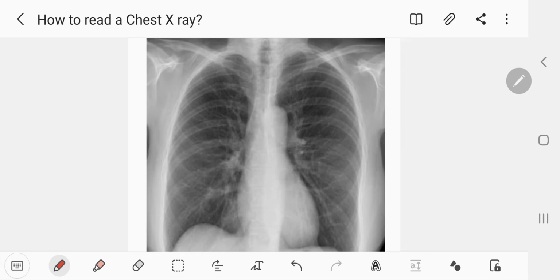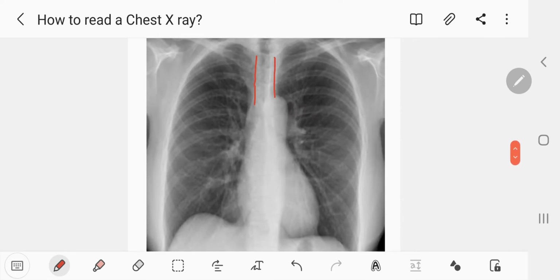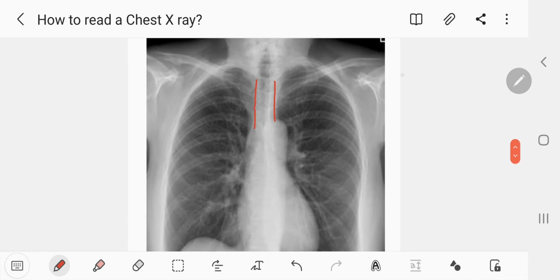So how do you know which rib is anterior and which rib is posterior? First you should know from where the rib arises. This is the thoracic vertebra, and if you remember, the ribs arise posteriorly from the vertebra, and then they come out in the front, and then there is the costal cartilage that fuses these ribs to the sternum.